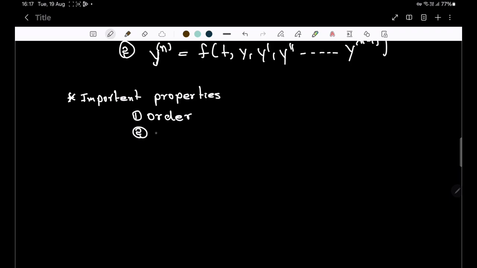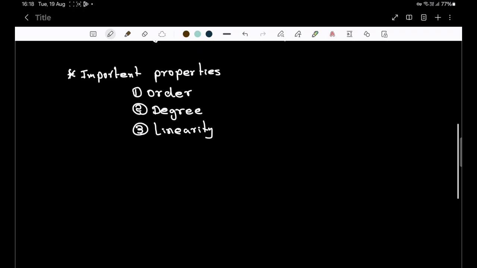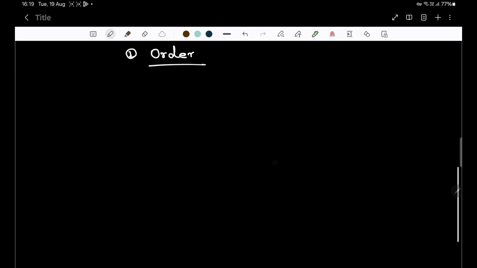The second one is degree. Third one is linearity. And then we discuss homogeneity. The first one is order.